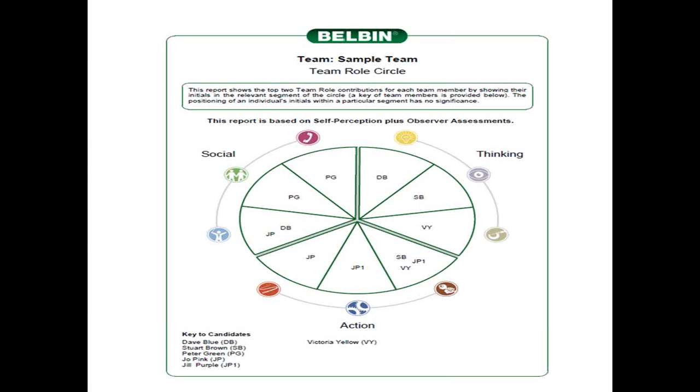Yeah, okay. And a good example of that is that if you have a number of completer finishers, for example, in a role where a great deal of precision is required, then obviously it makes sense for people who are weighted to that particular area.